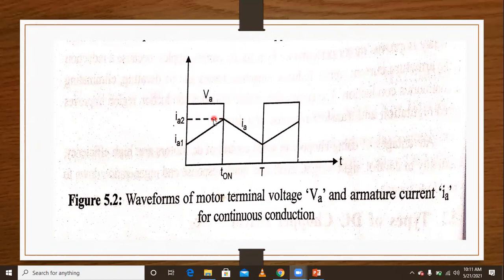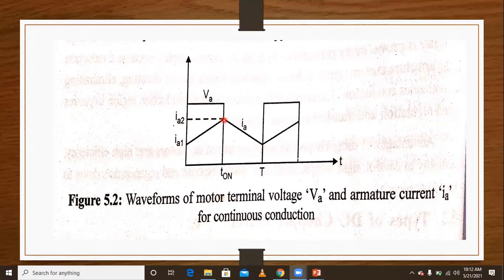When the current exceeds the upper limit, that is called IA2. So the current limiter turns off the chopper automatically when the current increases above IA2.